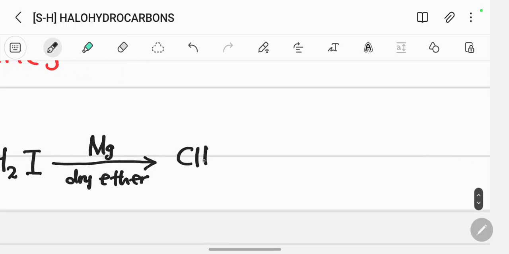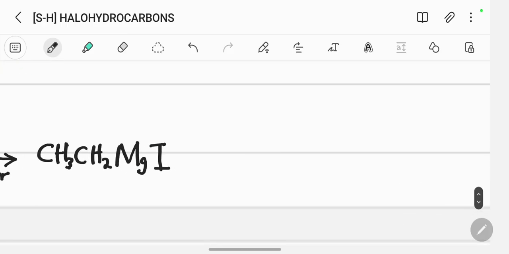You form Grignard's reagent CH3CH2MgI. So that is ethyl magnesium iodide.